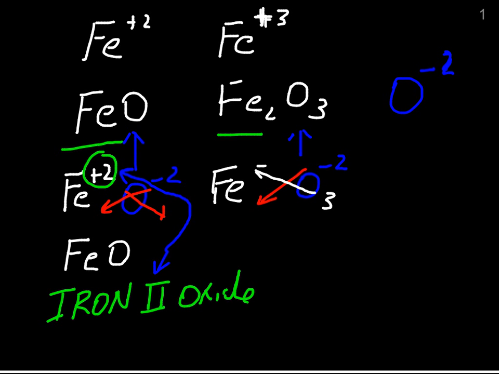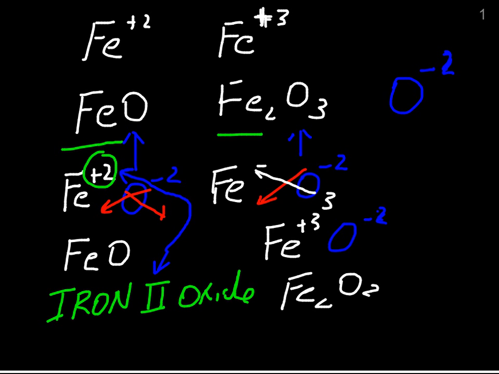That must have been a compound formed from iron 3, because iron 3 and oxygen -2, if I put those two together, would give me Fe2O3. The name of this compound is iron(III) oxide.